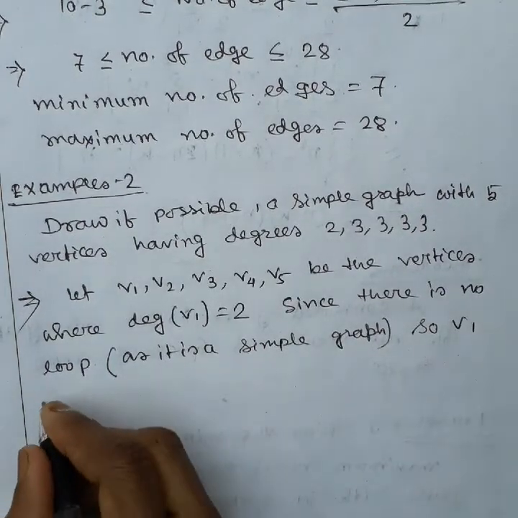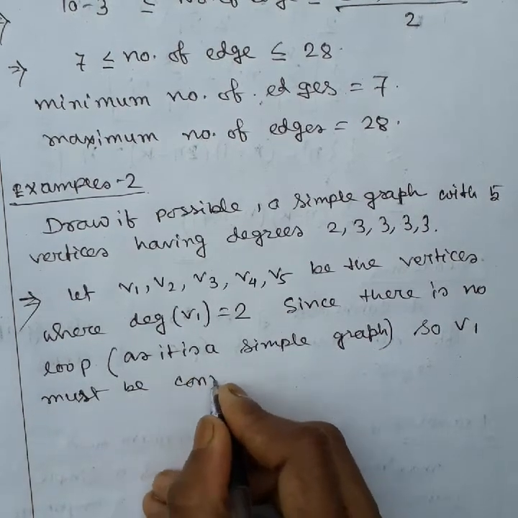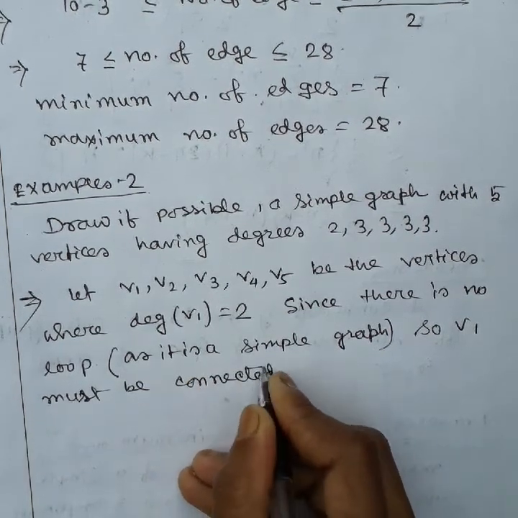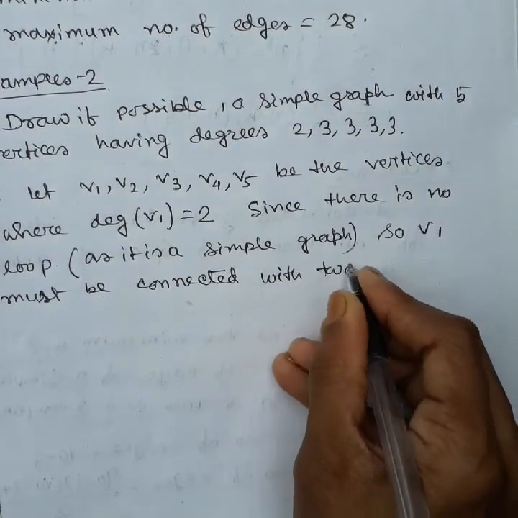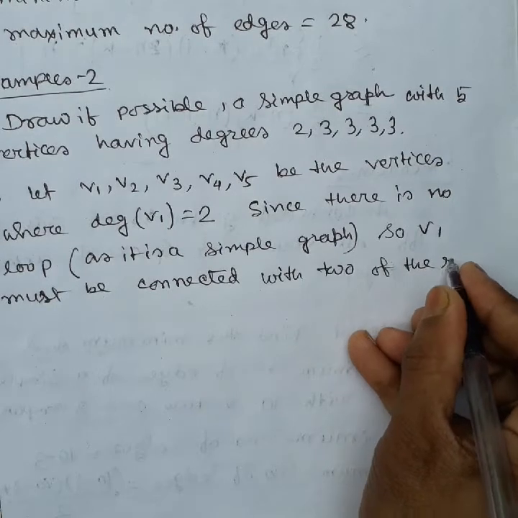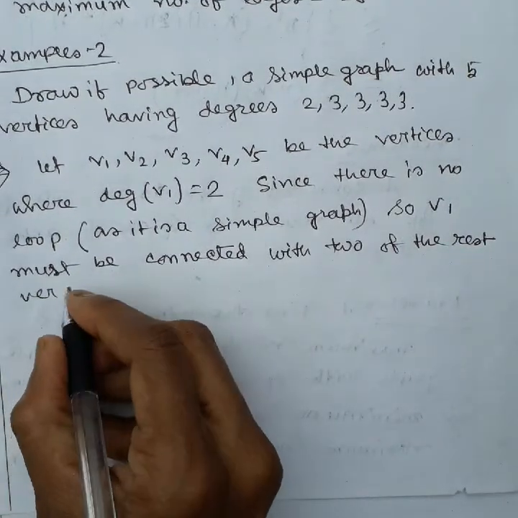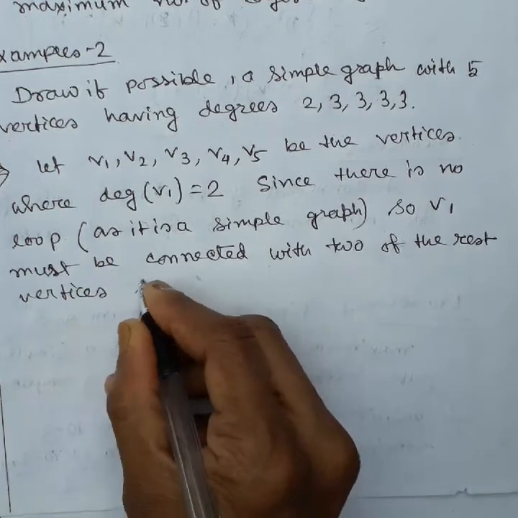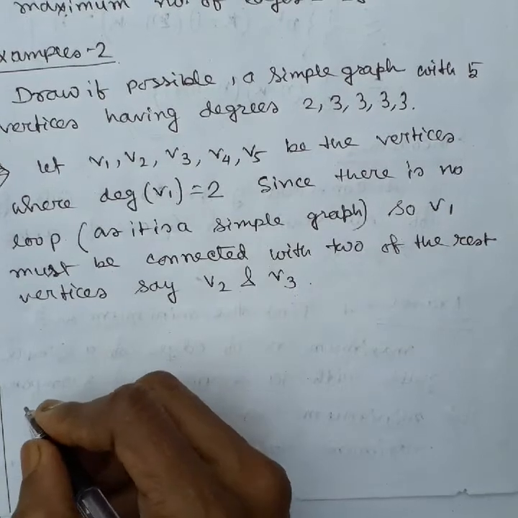V1 must be connected with 2 of the rest vertices, say V2 and V3.